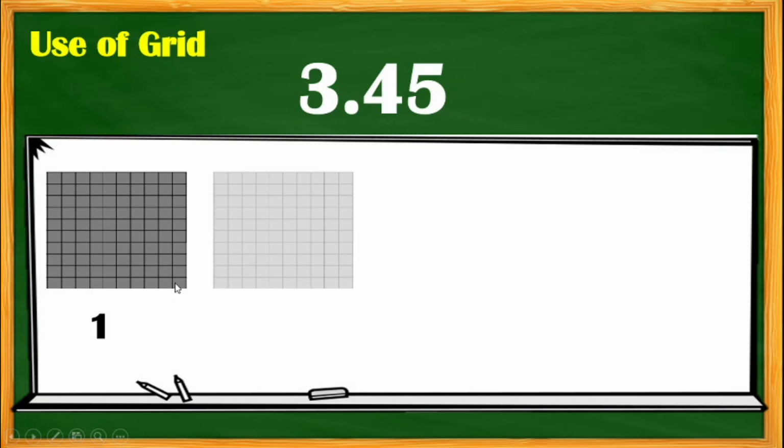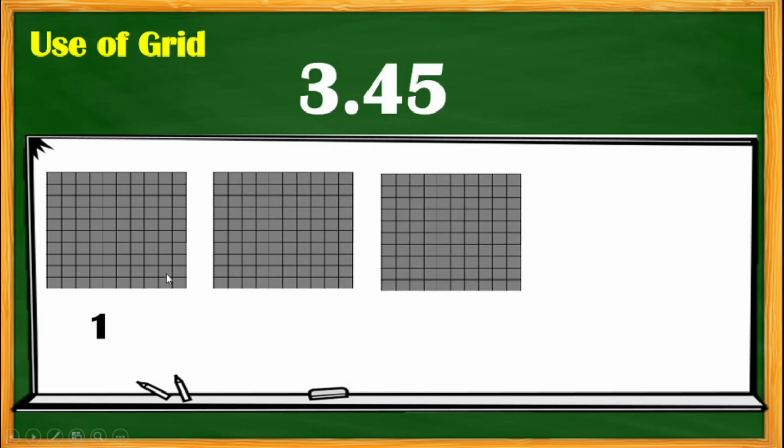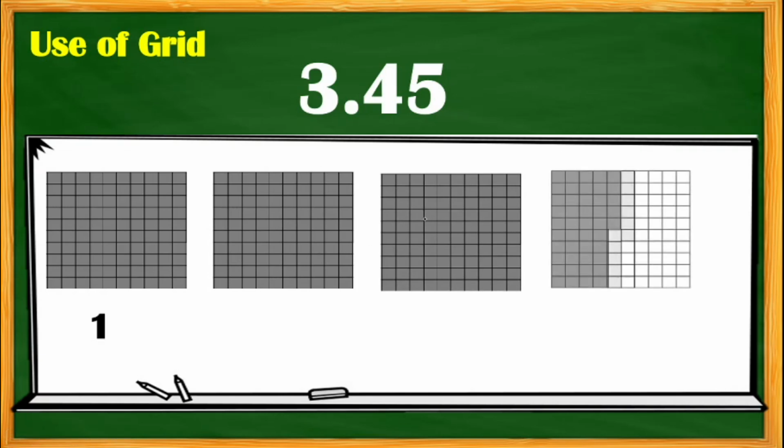So we have 1, 2, 3, so 3 whole grids, and we have 45 shaded parts. So we have 10, 20, 30, 40, and 5 shaded parts. So this would be 1 plus 1 plus 1 plus 45 hundredths. So we have a total of 3 and 45 hundredths.